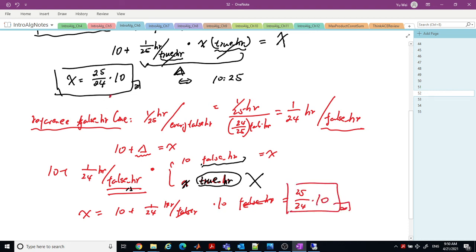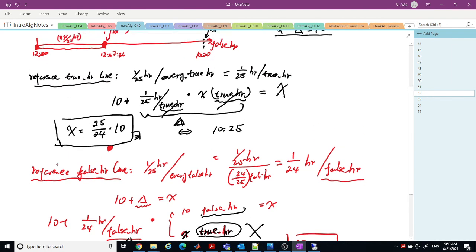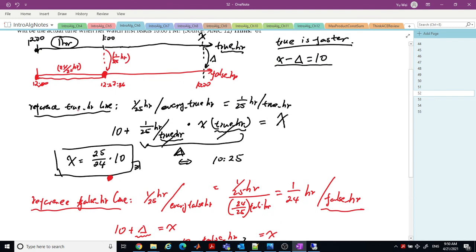Okay, did you see this answer? And this answer is exactly identical. So this means you can reference to the 4th hour line, or you can reference to the true hour line, no matter which one. But if you reference to the true hour timeline, you need to multiply by the time elapsed on the true hour timeline.